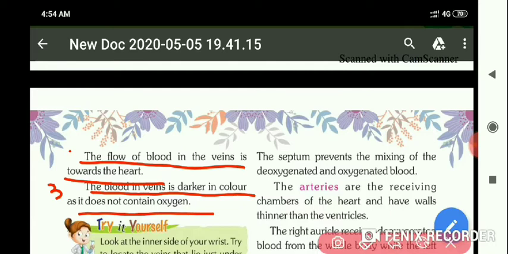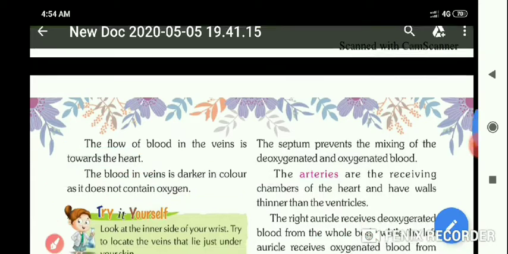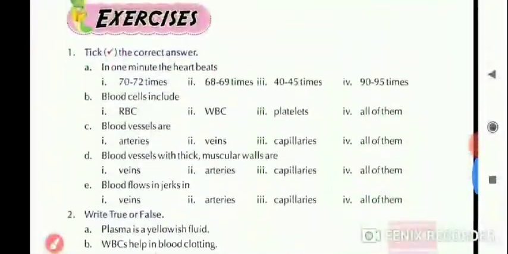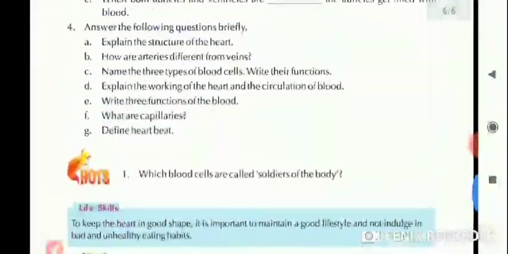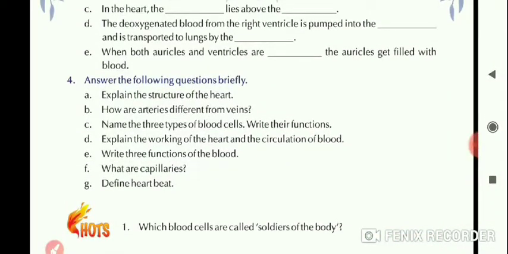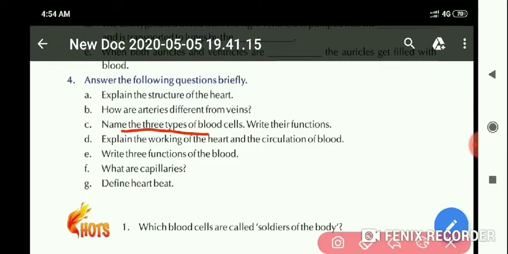Now move to question number C. Name the 3 types of blood cells. Write their functions. We have to write down the 3 types of blood cells and their functions also. Okay. For this, move to page number 8.